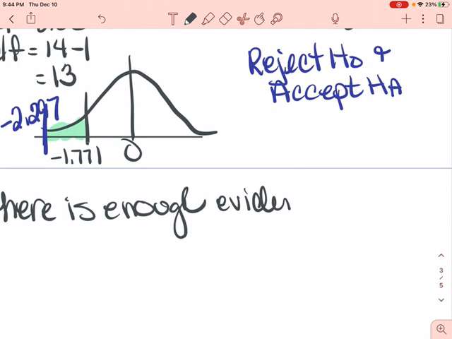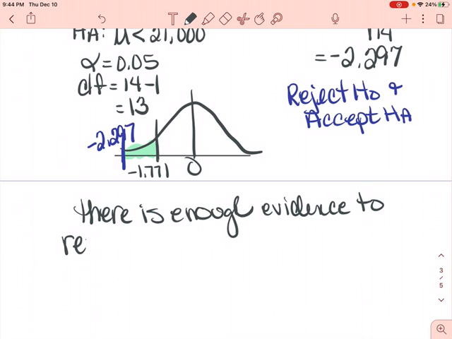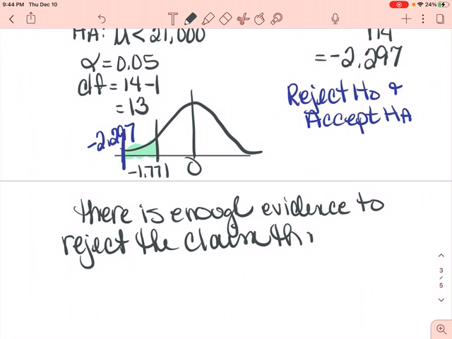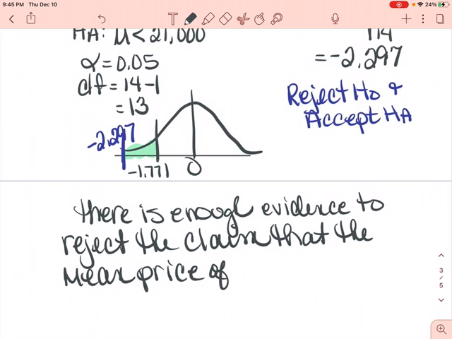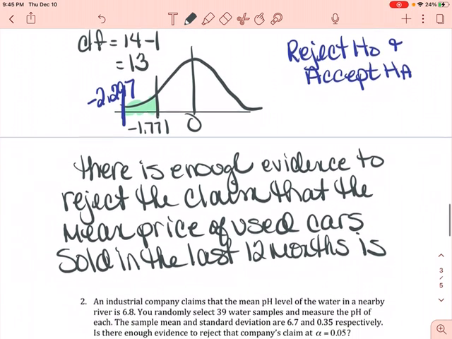Enough evidence to, okay, so we're going to reject the claim that the mean price of used cars sold in the last 12 months is at least 21,000.